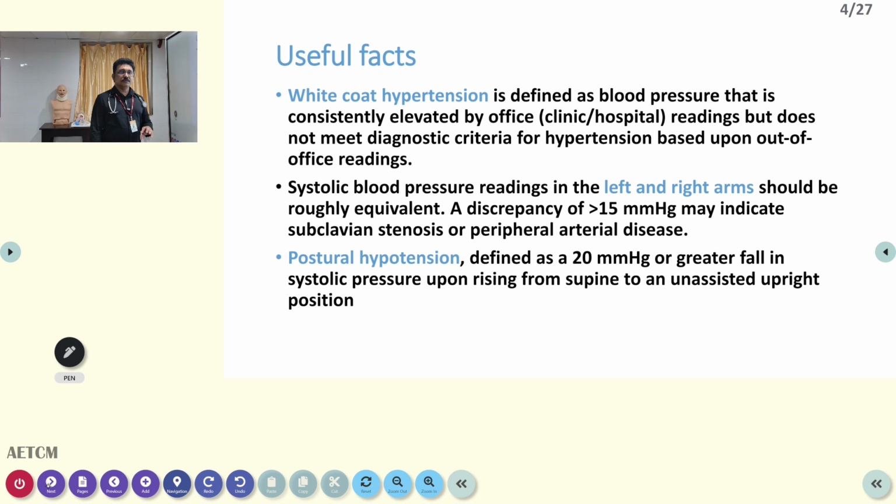There is also a difference between the left arm and right arm, which you should understand when you are examining the patient. And in most patients who have high BP, postural BP has to be examined, because there are some conditions in which the BP can fall on standing.